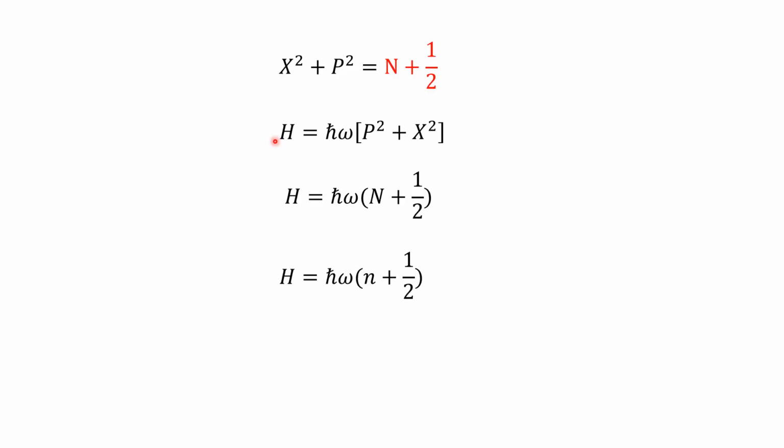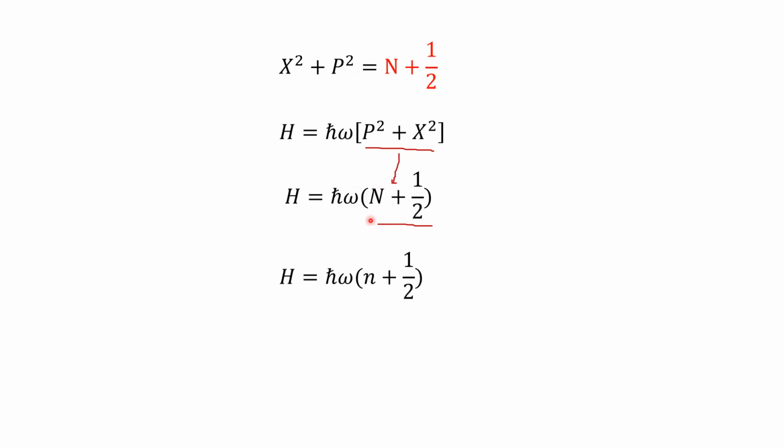And also we know that the Hamiltonian for the harmonic oscillator is equal to h cross omega into capital P squared plus capital X squared. We know that capital P squared plus capital X squared is equal to n plus half. It is a well established relation that the Hamiltonian for a harmonic oscillator is equal to h cross omega into small n plus half.